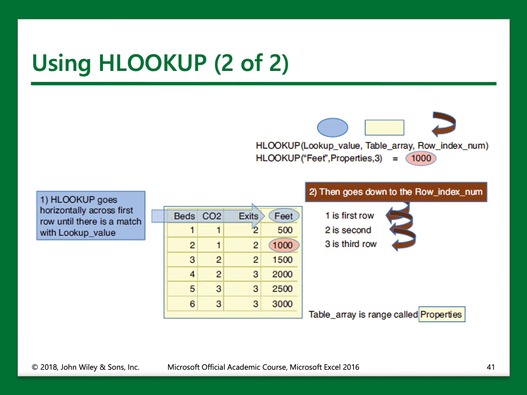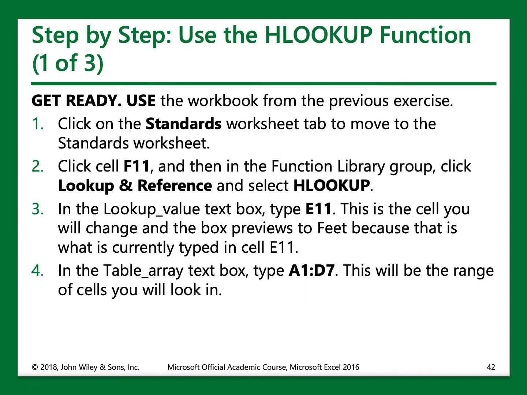HLOOKUP, the value we're looking up is feet from the list of properties in that table, and then return the third row. Okay. Feel free to pause the video to read these steps that talk through the HLOOKUP function, but if you're comfortable with VLOOKUP, as I say, then HLOOKUP won't be a challenge for you at all.